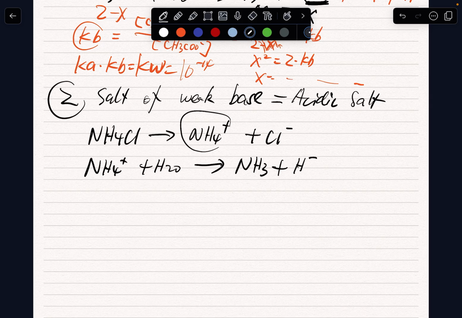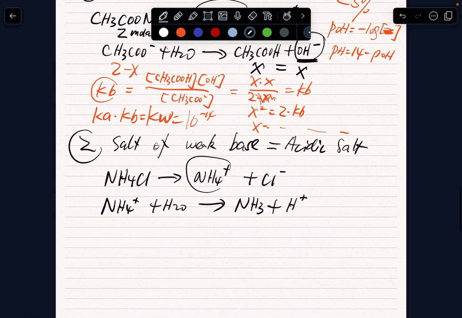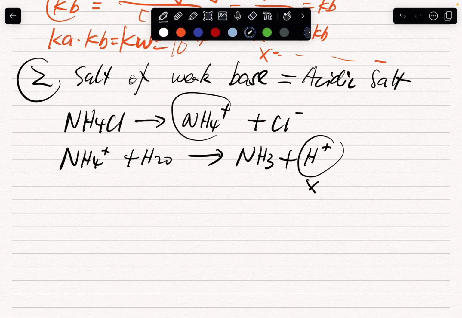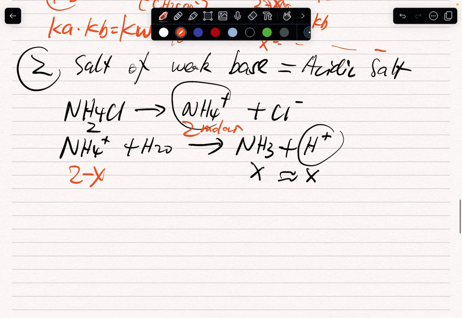So acidity, right? H plus indicates the pH; the negative log of the H plus concentration is the pH. Once again, if this is X, then this will be X as well, they're equal. And let's say we have 2 molar of this salt, so that gives me 2 minus X for NH4 plus, because I have to subtract how many protons it gives up.